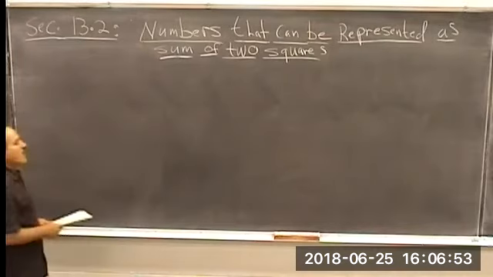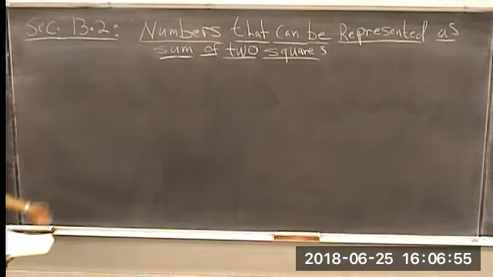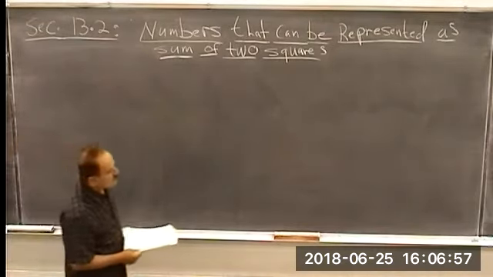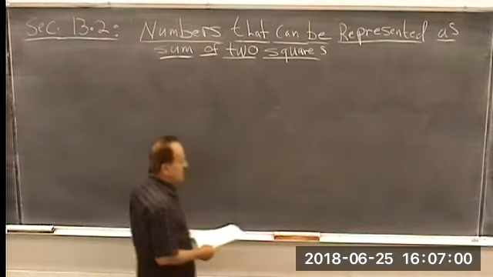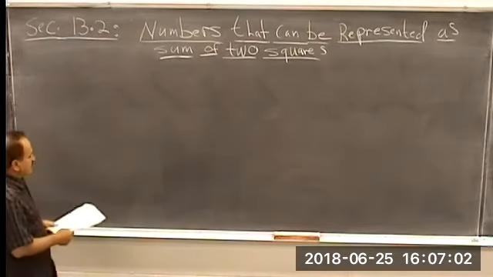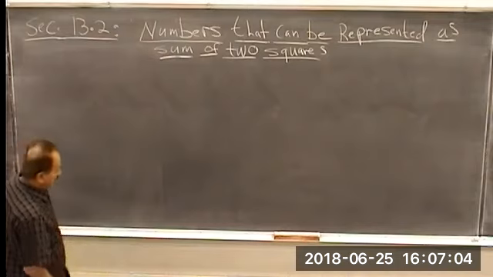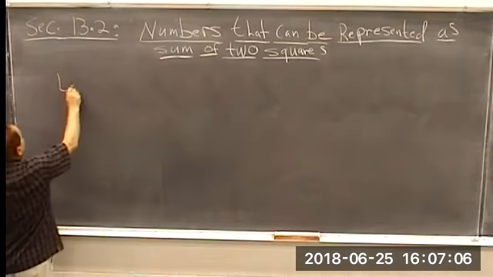If I know that two numbers can be represented as a sum of two squares, then their product can be represented as a sum of squares. These numbers need not even be prime. So here is the first lemma.